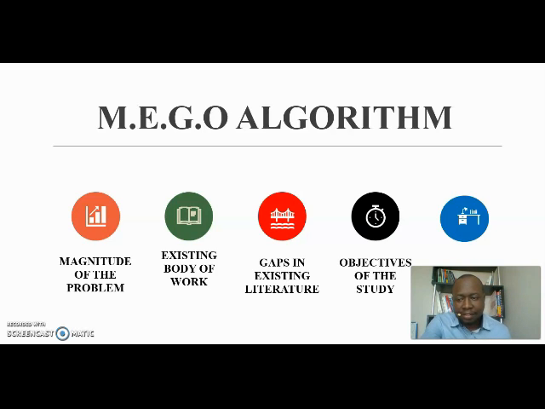In that case, my magnitude of the problem would discuss the rising number of people that work in the gig economy. I might give an estimate of the total number of people that work in the rideshare economy, such as the official number of people that work for Uber, for example, or any of the popular rideshare companies out there. And I will cite the relevant articles that give me these figures or statistics.